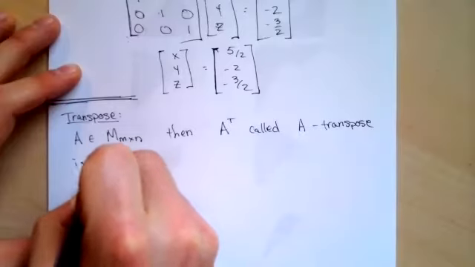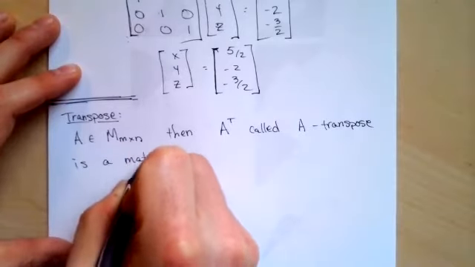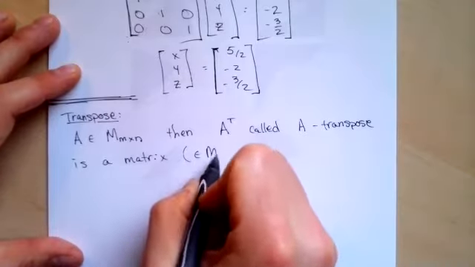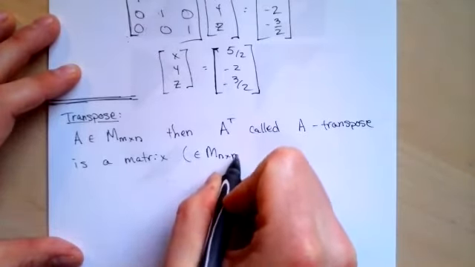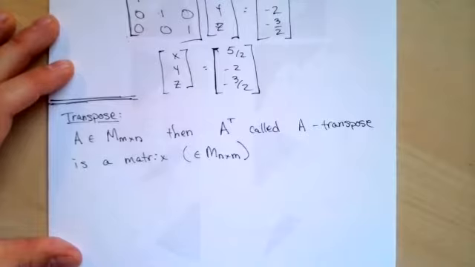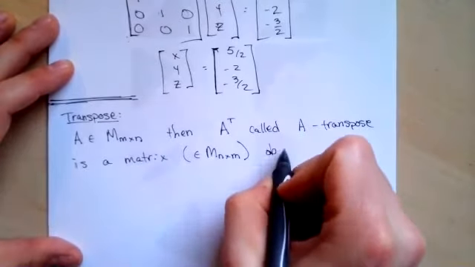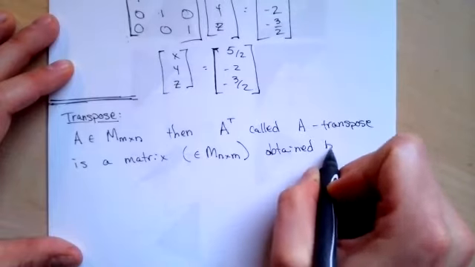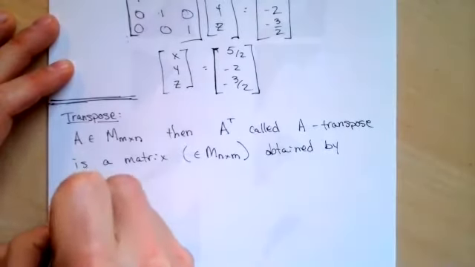Is a matrix, and we will say it's in now n by m matrices, obtained by switching the rows and columns.